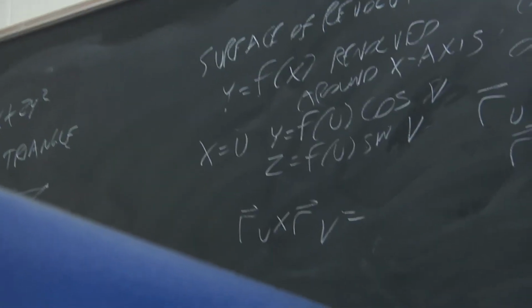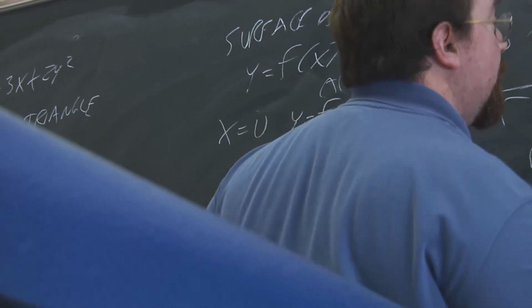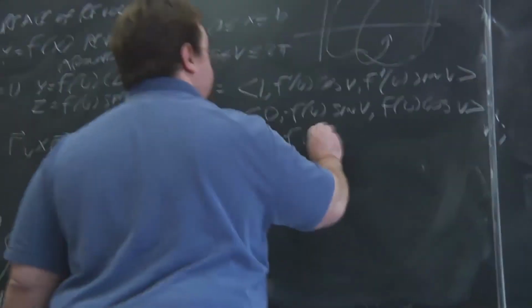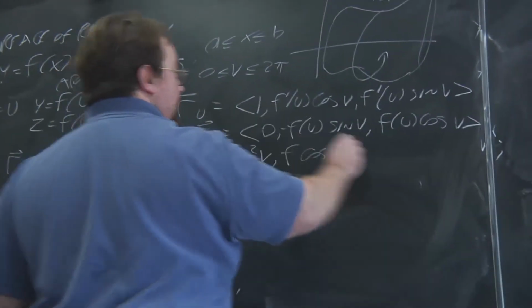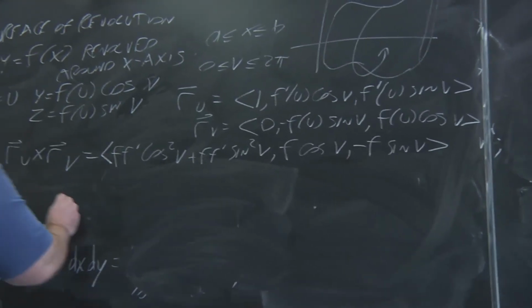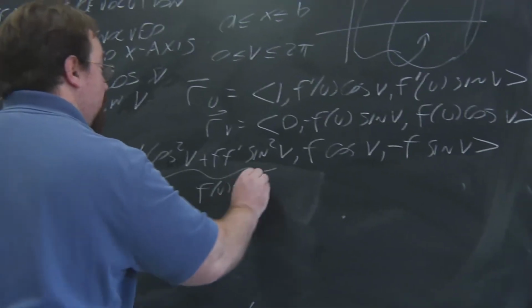And what you're going to get is f prime cosine squared plus f prime sine squared v for your first component. For your second component, you're going to get f cosine v, and then for your third component, you're going to get minus f sine v. So this simplifies to f of u, f prime of u.